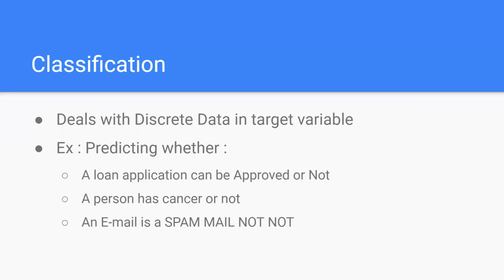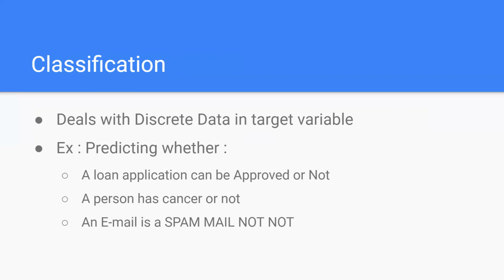Some examples of classification problems: a loan application, it can be approved or not approved. Binary classification. One example is loan application.